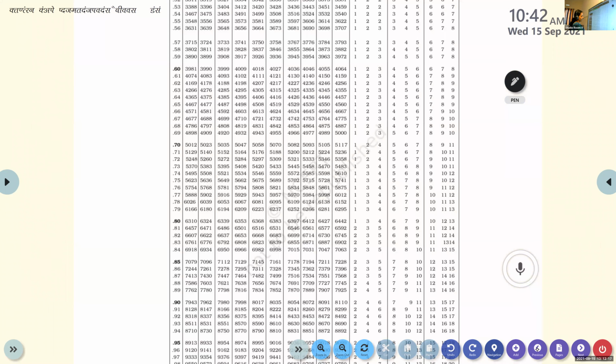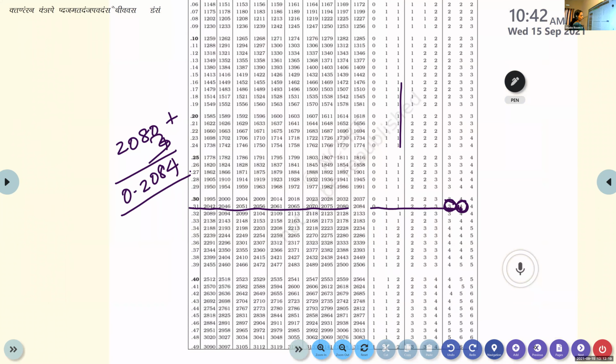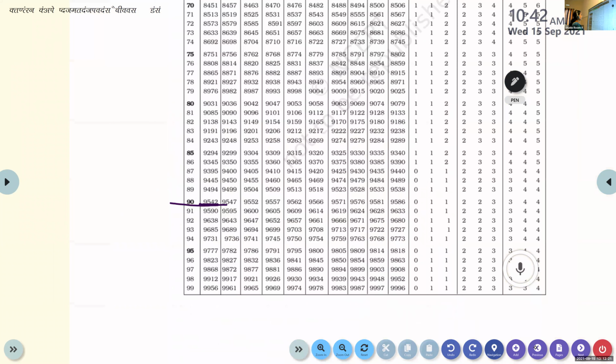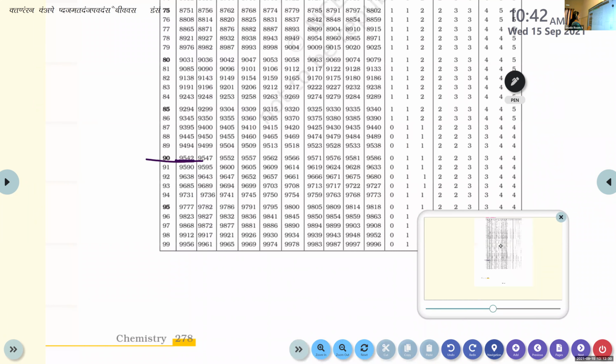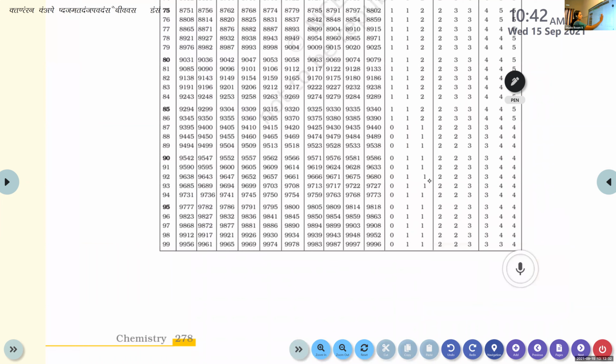925 means 92, then 0, 1, 2, 3, 4, 5. So mean difference is not there, so you'll get only 9661.